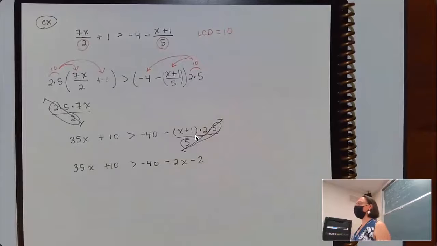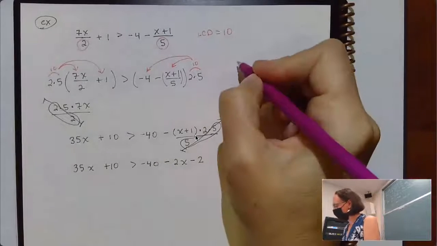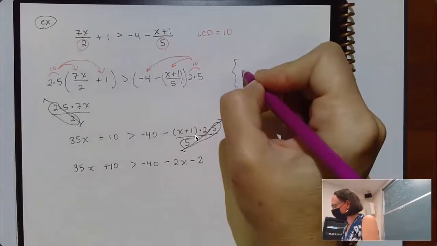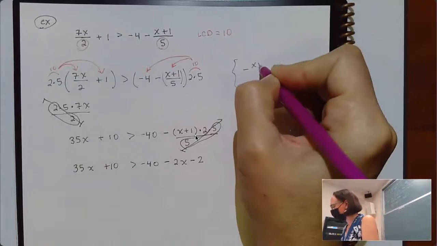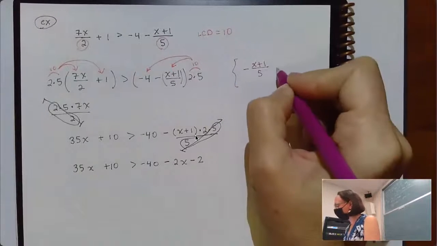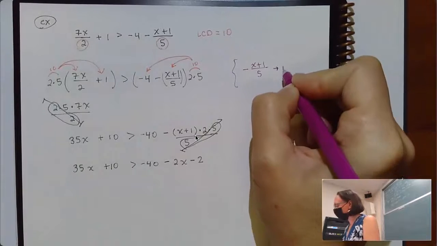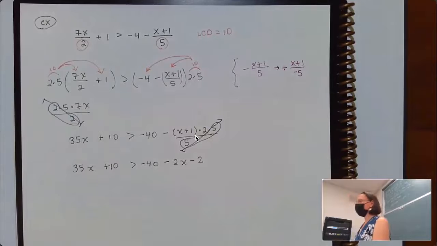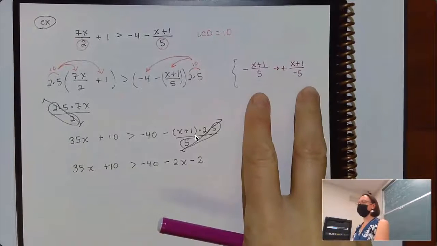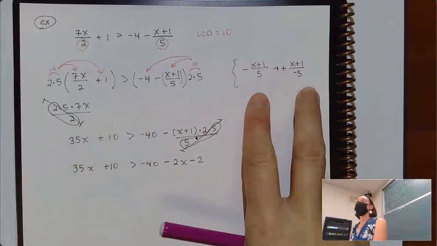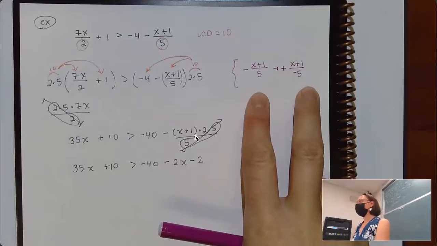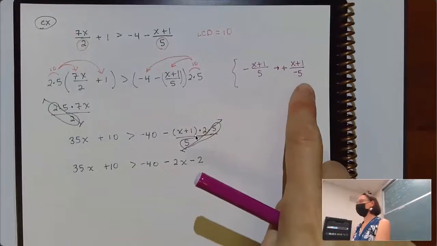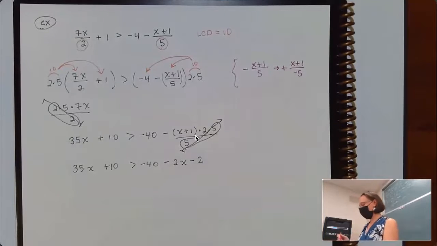If it helps you to see it, one alternate option here: that minus x plus 1 over 5, you could turn into plus x plus 1 over -5. These two are equivalent. And I find that people tend to make fewer mistakes with this one. But it's totally up to you and how your thought process goes.